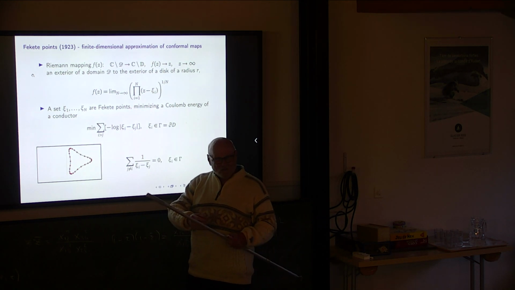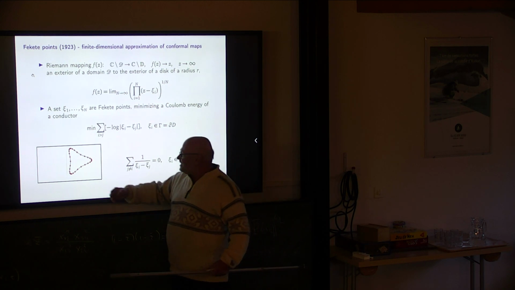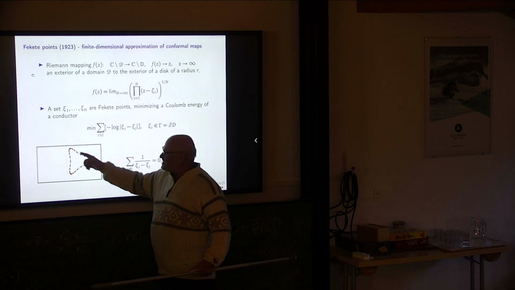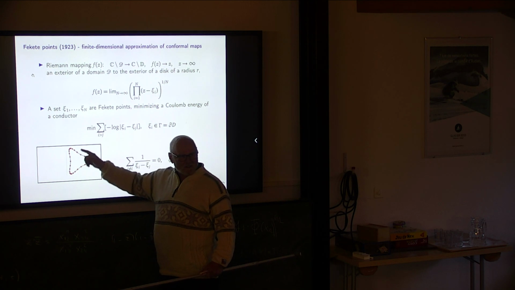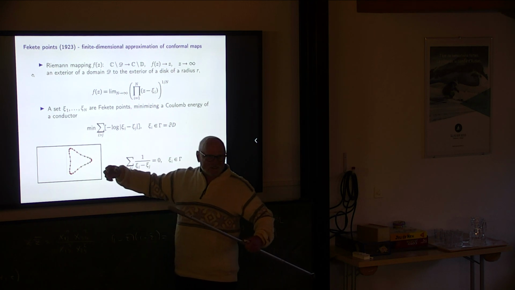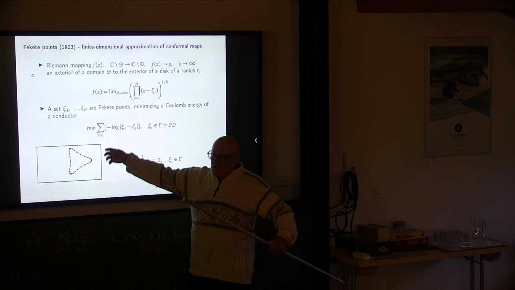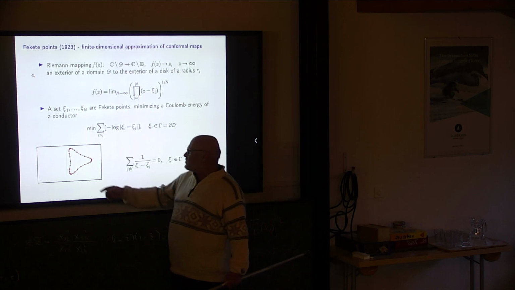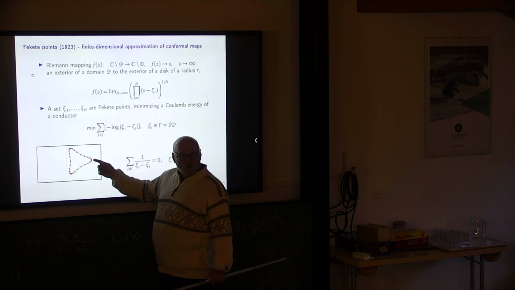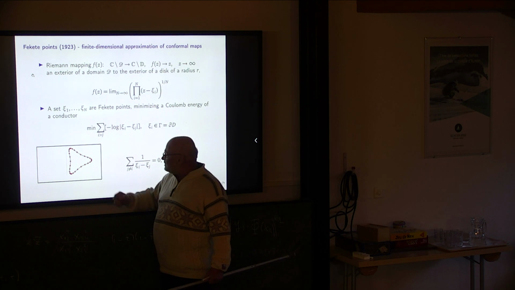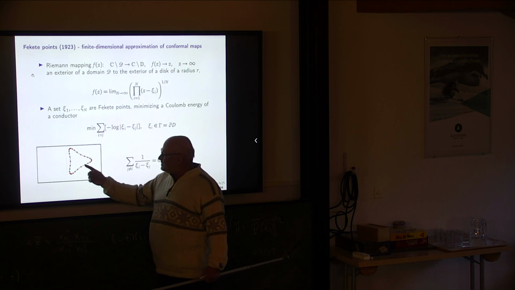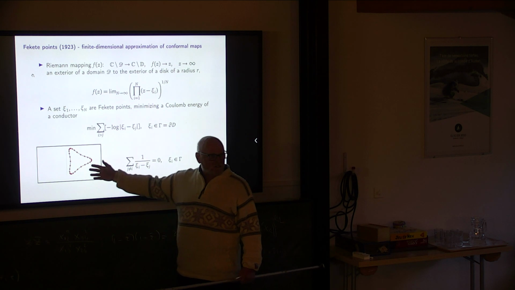They repulse, but their space is limited. It's a compact space. So they repulse, but there's no space to run away. So they concentrate usually on curved segments and less on flat segments. It's a typical representation.